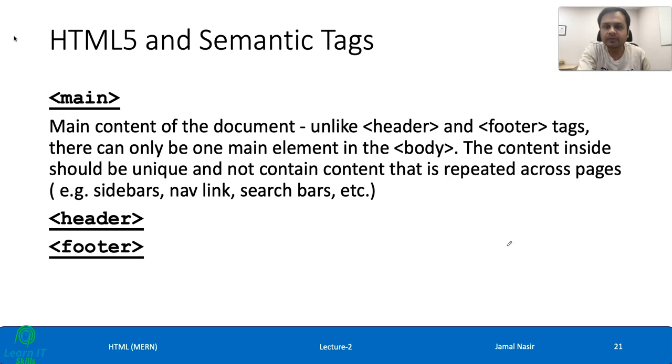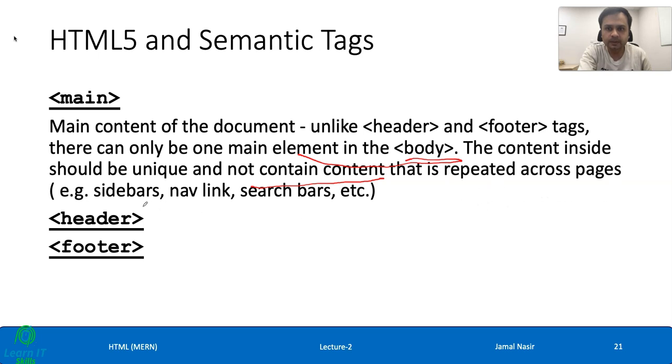So HTML5 and semantic tags. Main, we have discussed this thing, but we can go through again. Main content of the document, unlike header and footer tags, there can only be one main element in the body, right? And the content inside should be unique and not contain content that is repeated across pages.